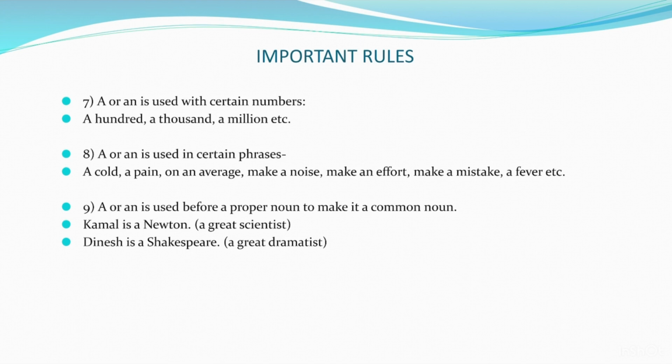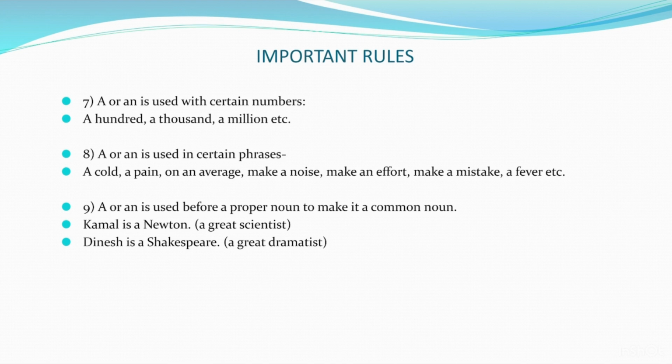But here in this sentence, when we say Kamal is a Newton, we mean Kamal is a great scientist. So here the proper noun Newton denotes the class of great scientists, and hence it is used as a common noun here in this sentence.